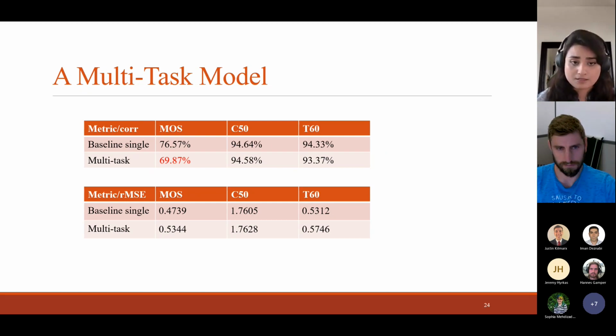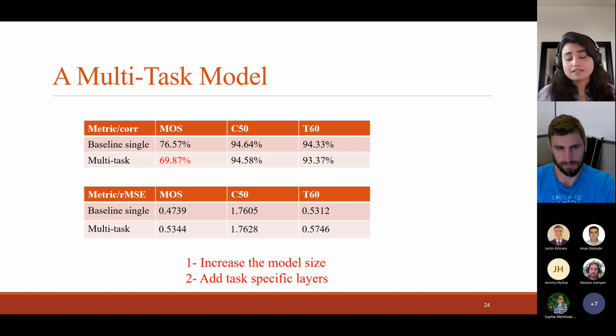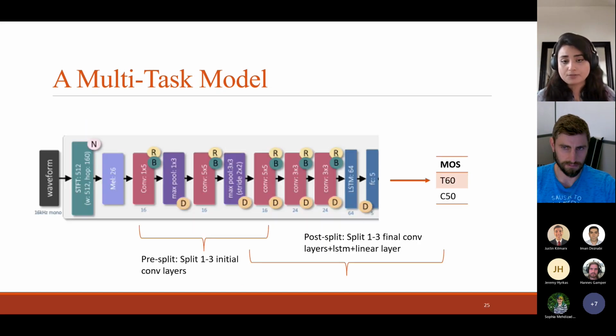Probably it's the hardest task to train, and because the model does not have enough capacity, it reduces the performance for MOS estimation. So we add 2 things in order to address this problem: increase the model size and add some task-specific layers to our network.